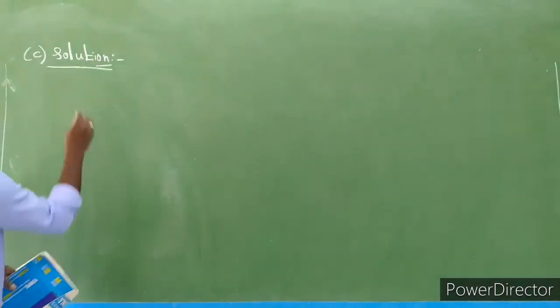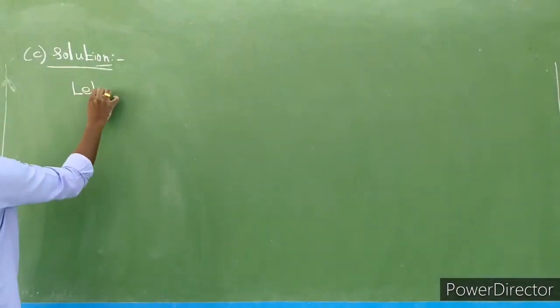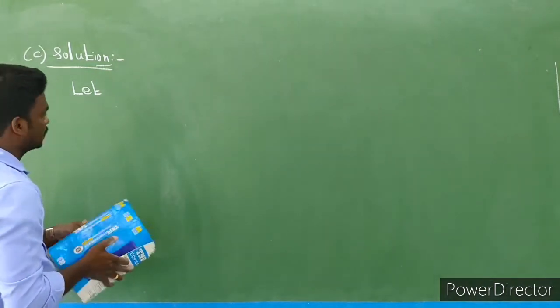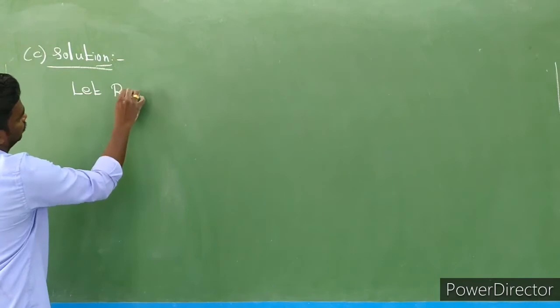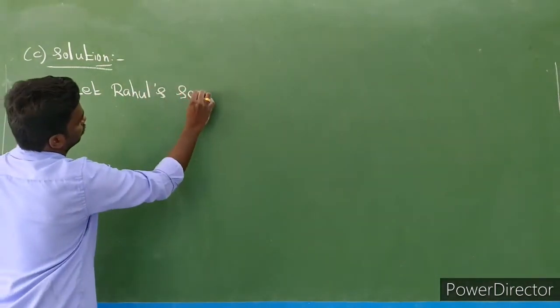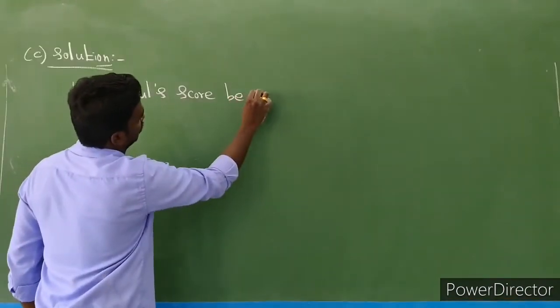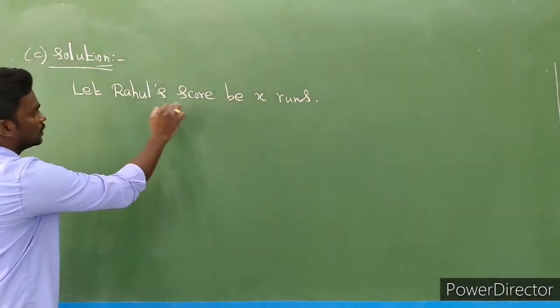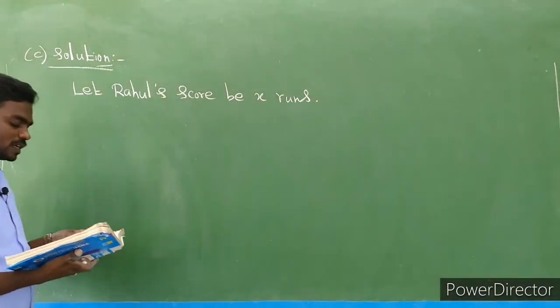Here, let Sachin score twice as many runs as Rahul. Let Rahul's score be x runs. So what is Sachin's score?